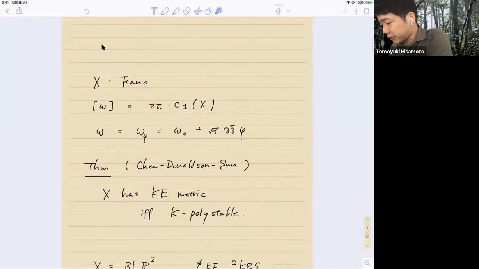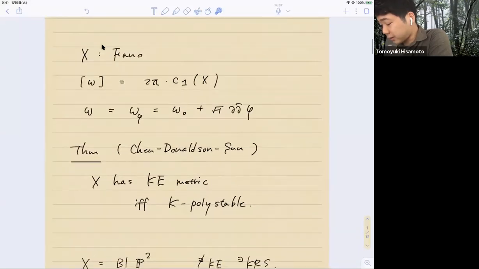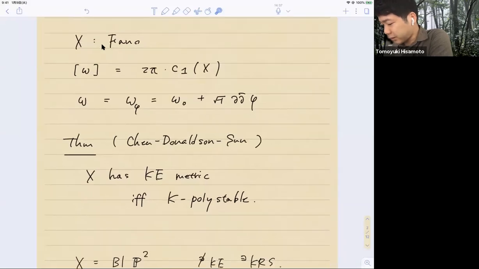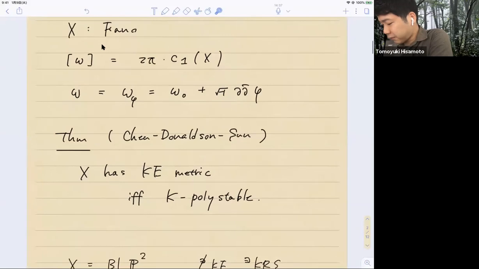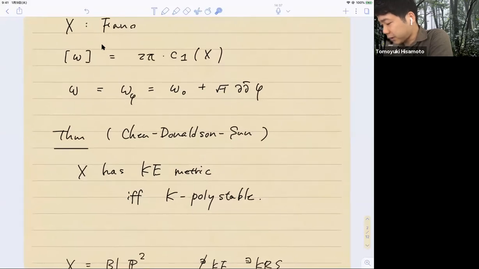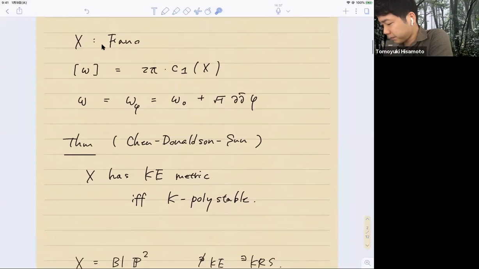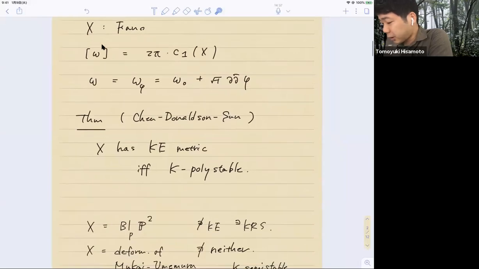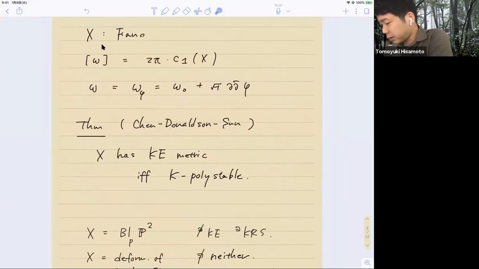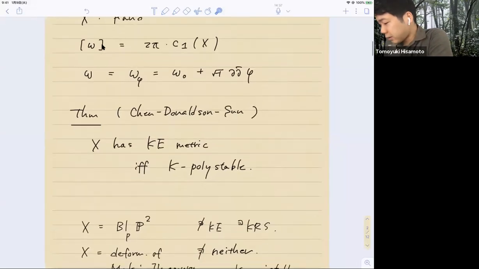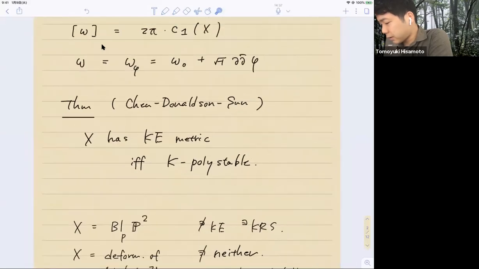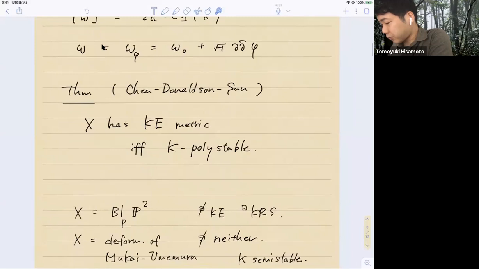And our starting point is the result of Chen-Donaldson-Sun, which states that this Fano manifold has a Kähler-Einstein metric if and only if the manifold is K-polystable. So yeah, it looks like it completed the problem, but in fact, only a few Fano manifolds admit such a standard metric.